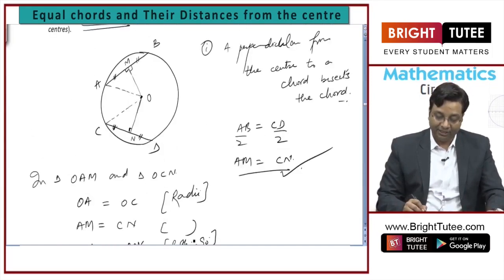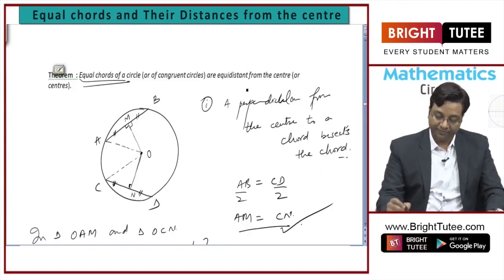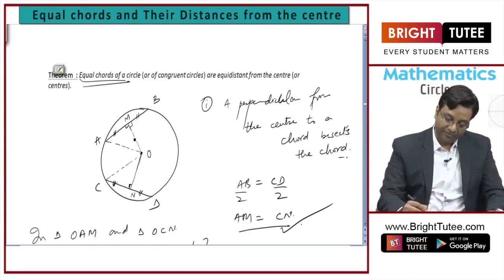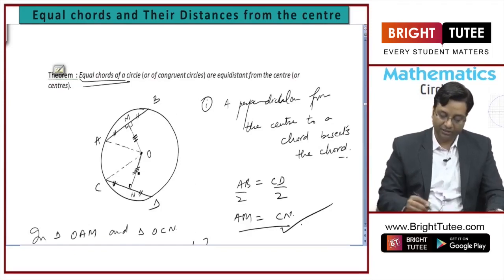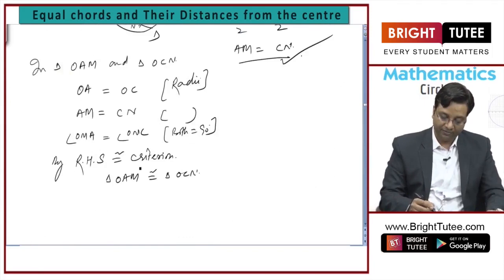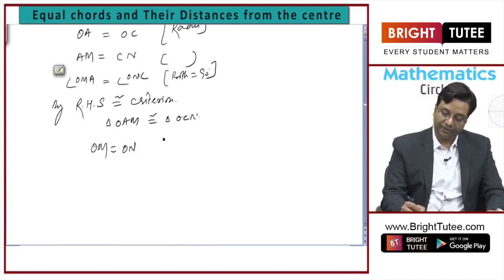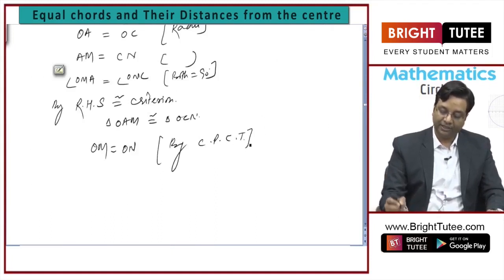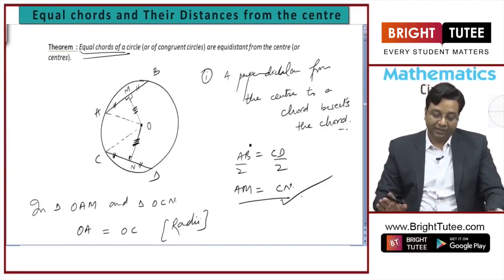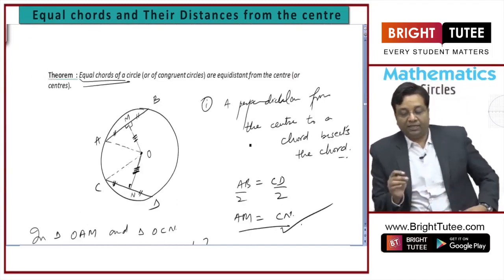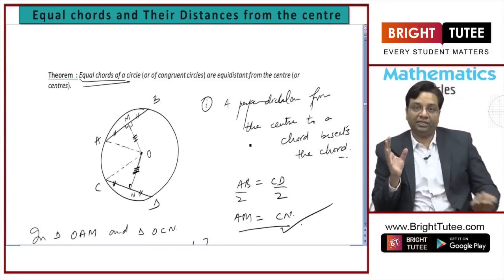And by CPCT, what can you say? That OM, this distance, is equal to this distance here. OM is equal to ON by CPCT. Hence we can say that equal chords of a circle are equidistant from the center.